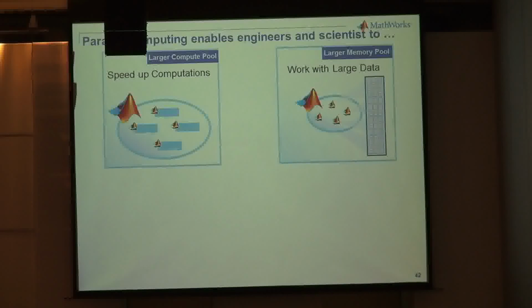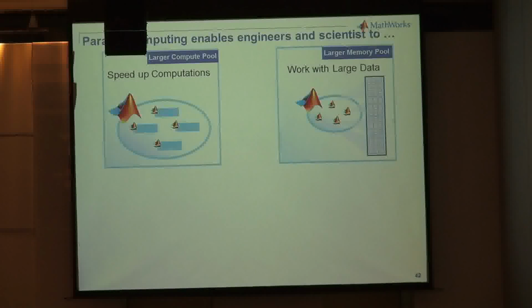The other reason, large data. Who here has ever gotten that wonderful out-of-memory error in MATLAB? How annoying is it? Parallel computing can allow you to link together the memories of many computers. You can deal with your large data. That out-of-memory error goes away.